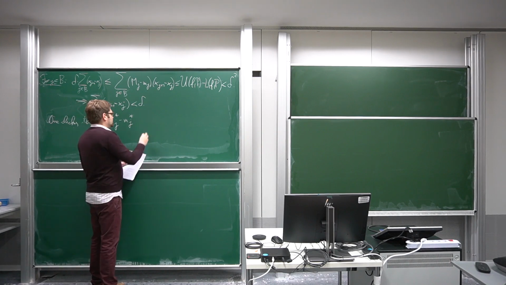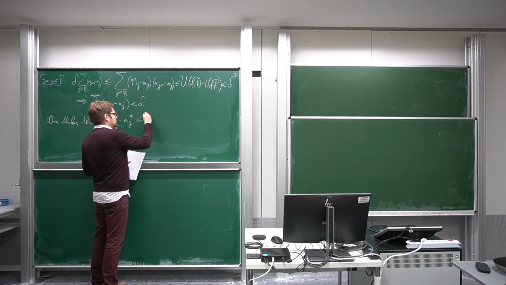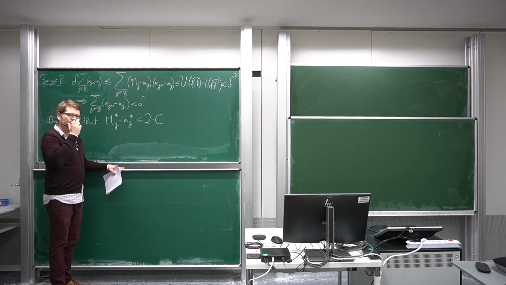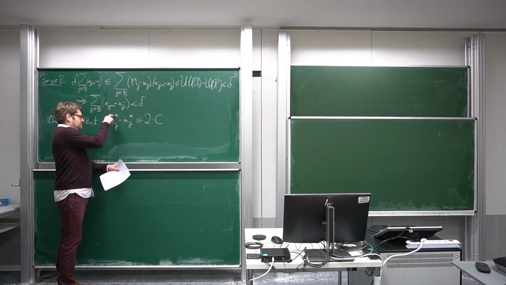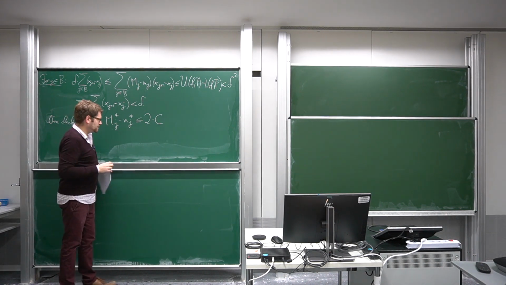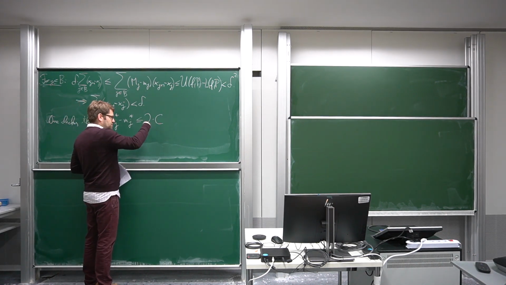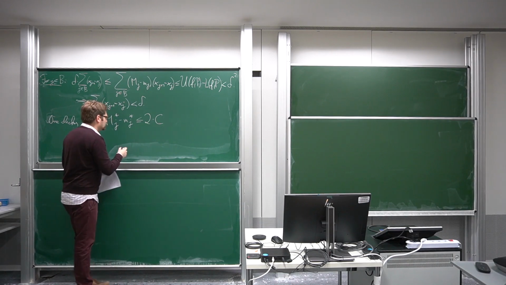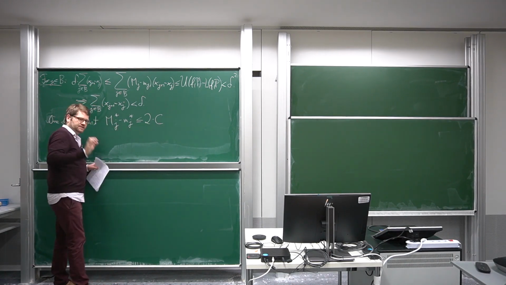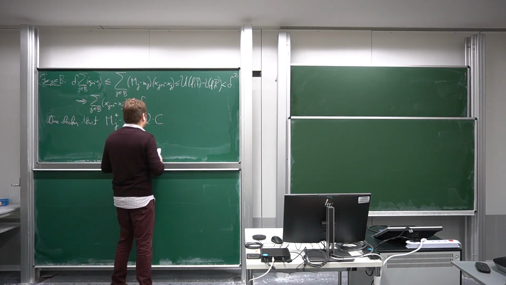But it turns out that this is easy to see, that this is smaller than or equal to twice c, which was the supremum of g on this interval. So this is g of something minus g of something, and just by standard estimates with the absolute value, you can show that this is smaller than or equal to twice the supremum of the absolute value, because this is smaller than c, and this is smaller than c, and so we're done. So this gives you this particular simple estimate.